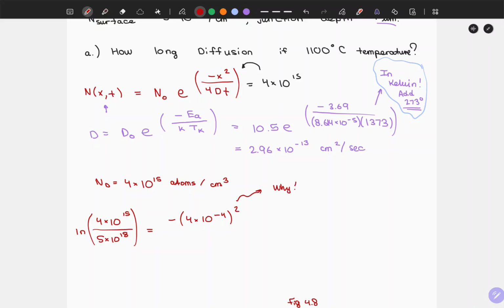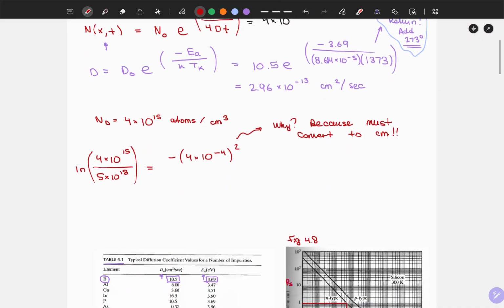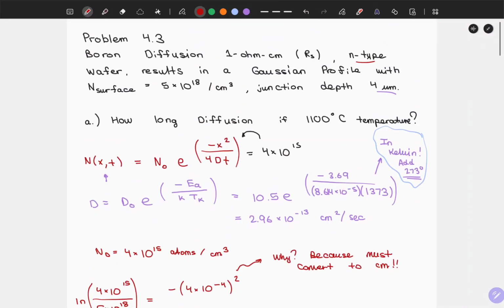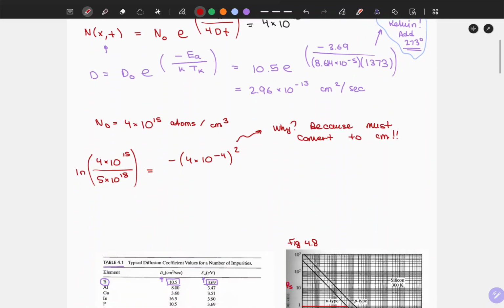Why? Because we must convert to centimeters, right? So the micrometers that we are given are 4 times 10 to the negative 6 meters, which is 4 times 10 to the negative 4th centimeters, because there's 100 centimeters in a meter.